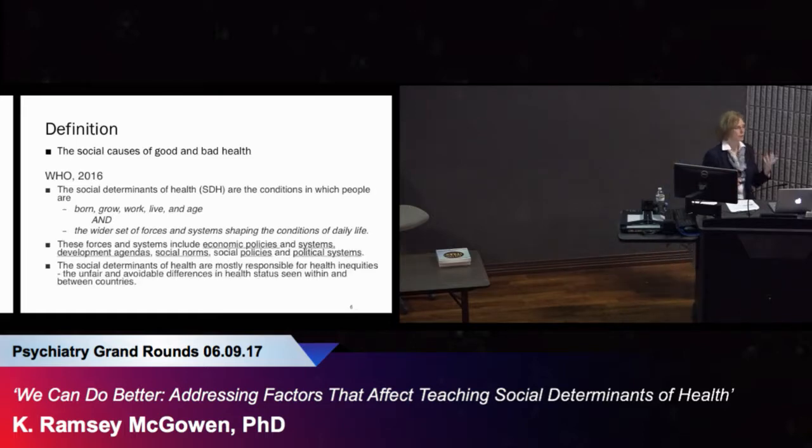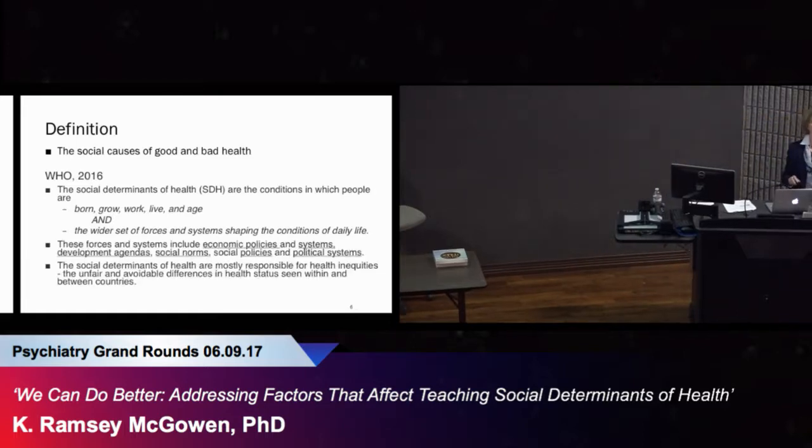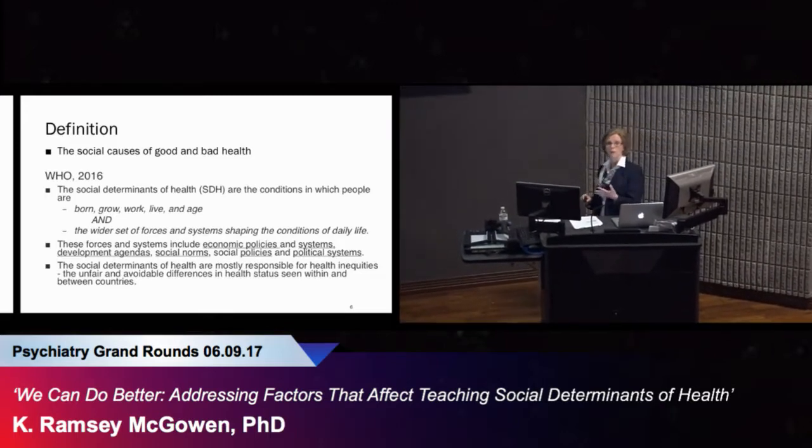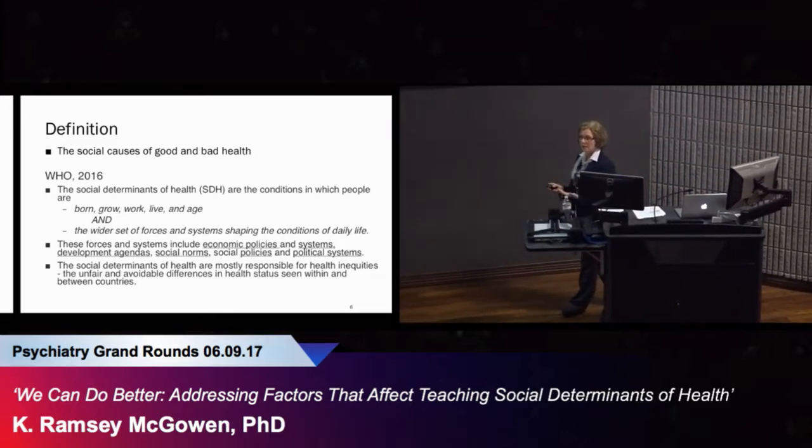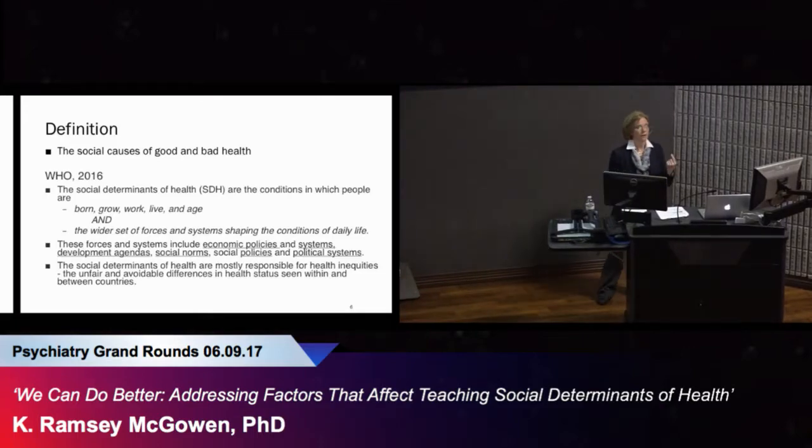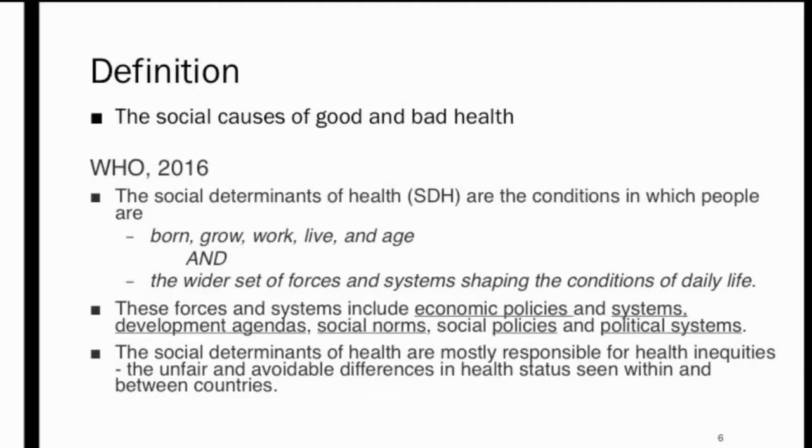And they go on to clarify that that includes political systems, economic systems, social policies, all those kinds of things, and close with the statement that these social determinants, as defined this way, are most responsible for health disparities that are seen within and between countries. It's a pretty broad principle and issue that we need to be concerned about. Now, there are problems with this definition when it comes to applying it to teaching, and that's one of the things we'll talk about. But now everybody, I hope, has a shared understanding of what we're talking about.